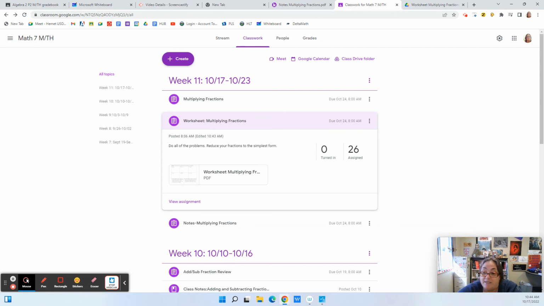Okay. Yes, Caitlin? Which assignment is the one that we have to make our own copy? The multiplying fractions worksheet. When I go on the worksheet, it says that I could make a copy. It says open with Cameo. Oh, yeah. So, okay. That should work then.